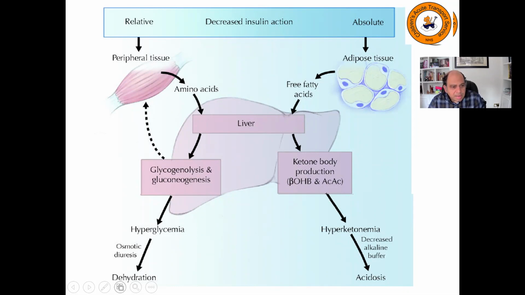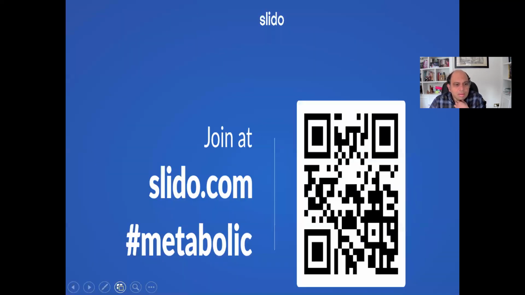Clearly, hyperglycemia with the osmotic diuresis resulting from that, and dehydration, are the other key components. So it is twofold: acidosis from ketosis and dehydration from losing fluid from hyperglycemia. Moving on to the next one.